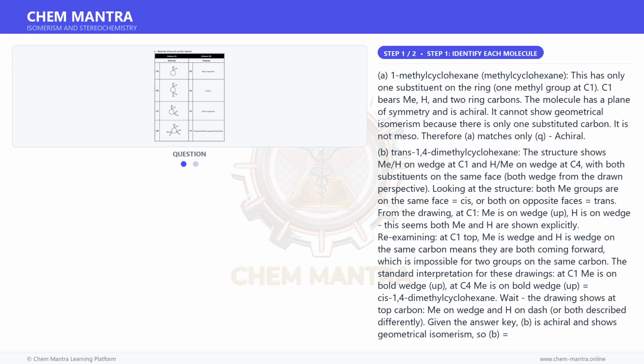Given answer is Q, as achiral and shows geometrical isomerism. 1,3,5-trimethylcyclohexane can exist as all CIS, all methyls on the same face, or mixed isomers, showing geometrical isomerism. The all-CIS isomer has a C3 axis and mirror planes, making it achiral. So, D matches Q and S.